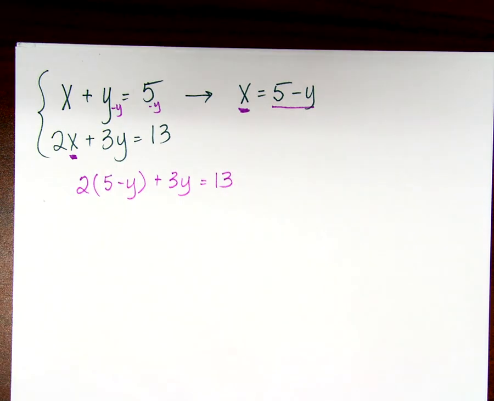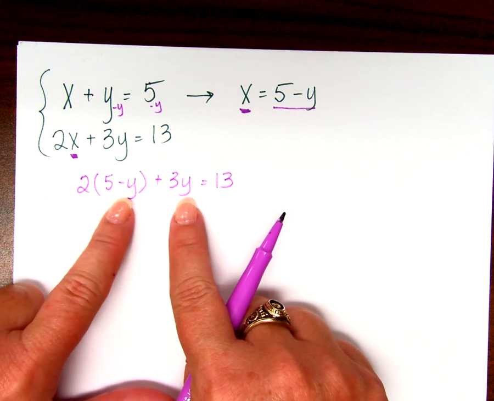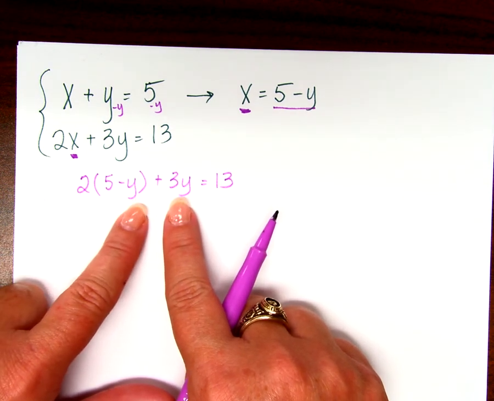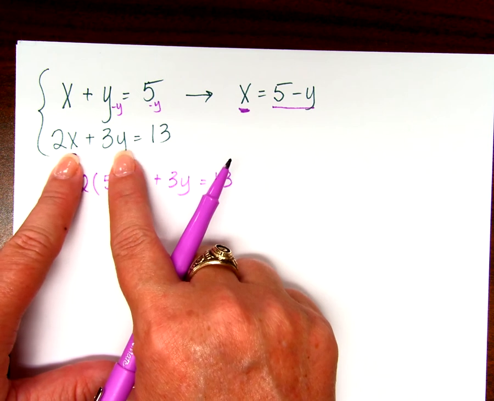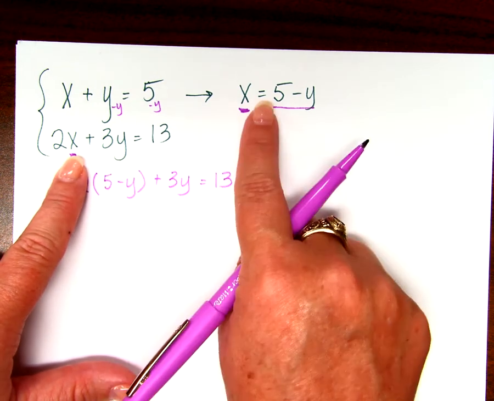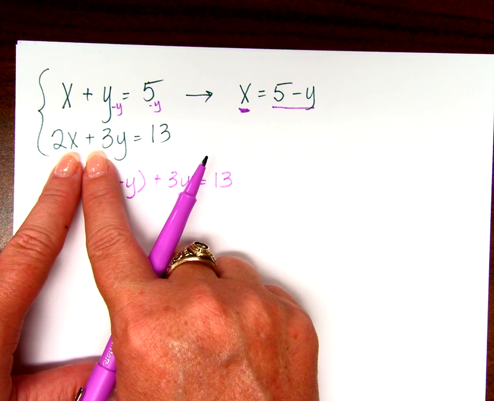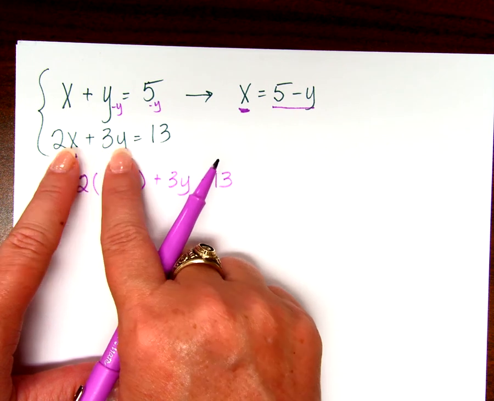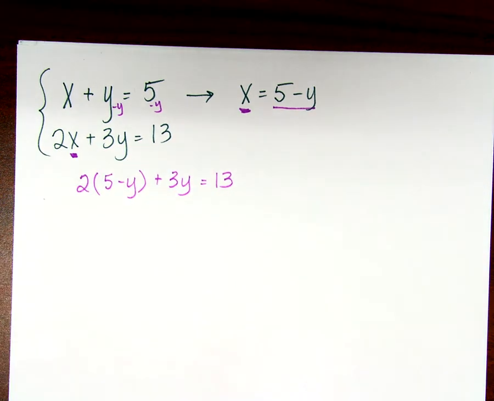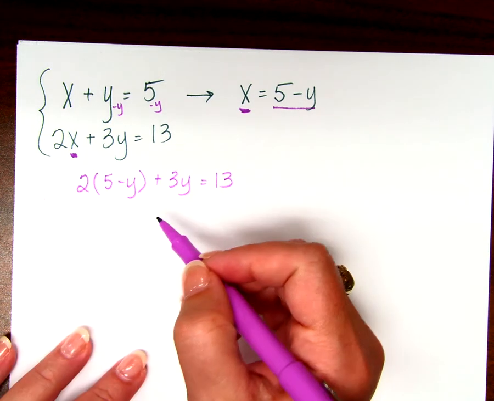Now, why is this so helpful? I only have y's now. I can combine them and solve for a y, can't I? I can't combine x and y to try to solve for one or the other, can I? But now that I've substituted this into the second equation over here, I only have one variable left, which is the y's, and I can combine those and solve for that y. Okay?